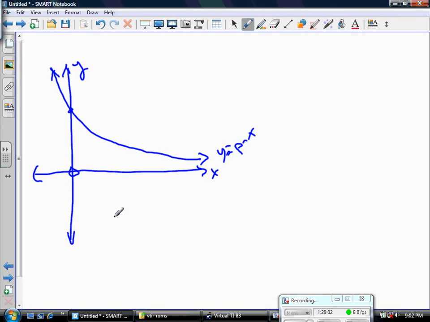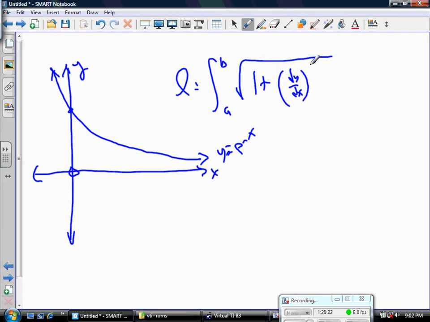Okay, so remember the formula. What is it now? L equals the integral from a to b of the square root of 1 plus (dy/dx) squared, and then dx is outside the radical. Okay. So if y is e to the negative x, what's dy/dx?